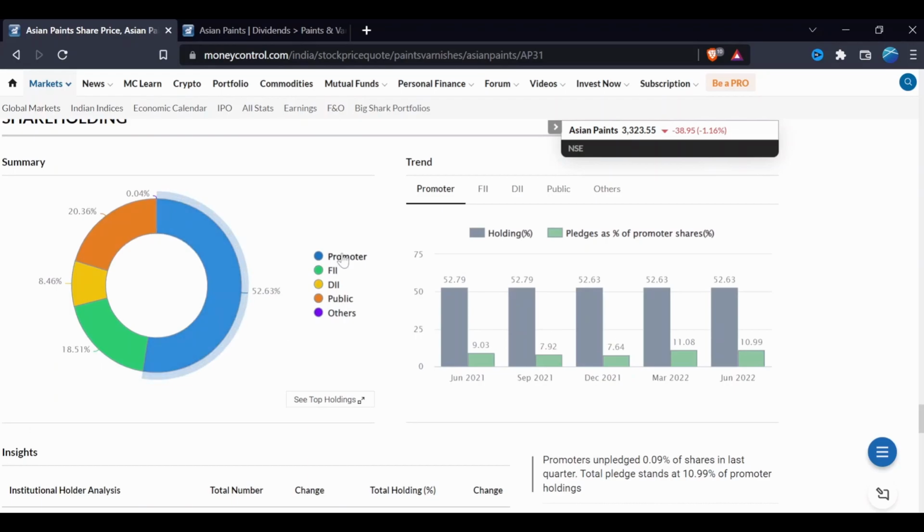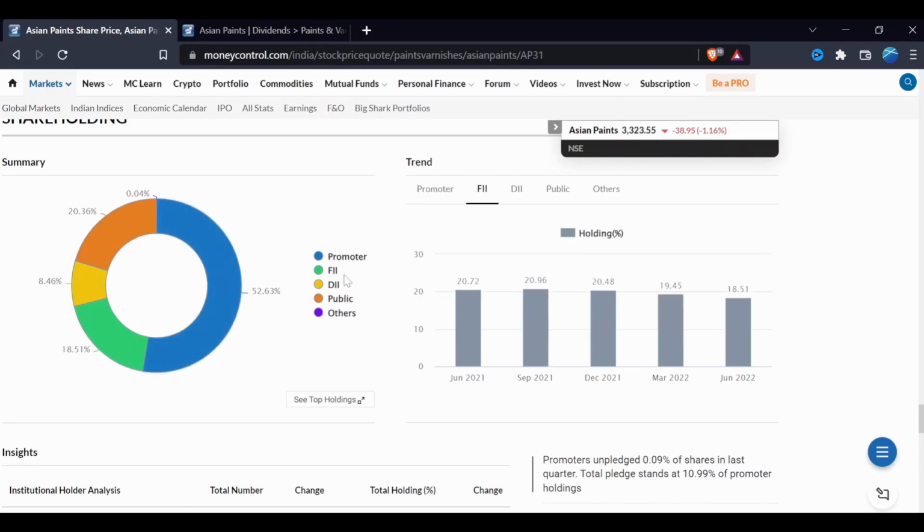The promoters have a major stake, which is 52%. Foreign institutional investors also have 18.5% in the company, which is very good, because we should consider only companies that have foreign institutional investor shareholding of more than 10%. DII also have 8.5% share in this company, and the public has 20%.